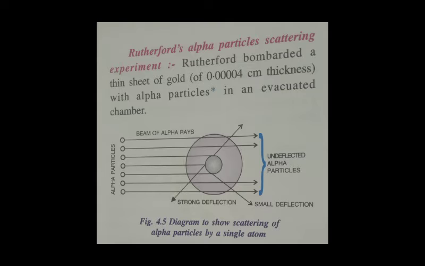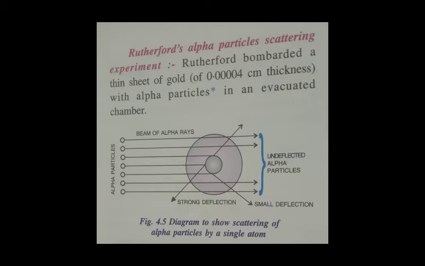And a circular fluorescent screen was placed behind the gold foil so that we can detect that alpha rays are passing through it. I told you that when rays strike a fluorescent material, that material starts glowing. So to detect the presence of rays, we use fluorescent material, right?